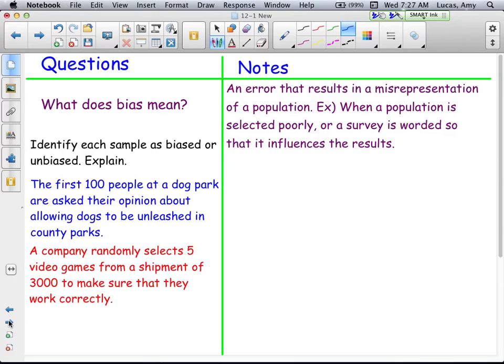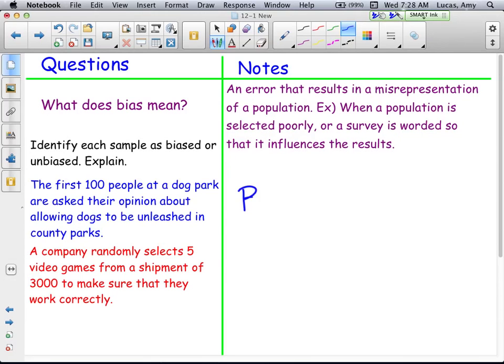Okay, so now it says identify each sample as biased or unbiased and explain. The first 100 people at a dog park are asked their opinion about allowing dogs to be unleashed in county parks. Well, I am going to say that this is definitely biased, because if you go to a dog park and ask people about having dogs unleashed, I'm pretty sure they're all going to want their dogs unleashed.